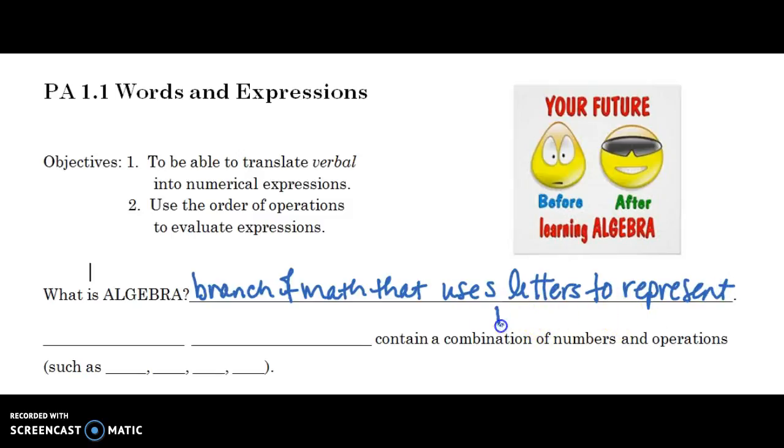Usually those numbers are unknown. So let's say unknown values. So algebra is the branch of math that uses letters to represent unknown values. So I apologize I didn't give you enough space right there.